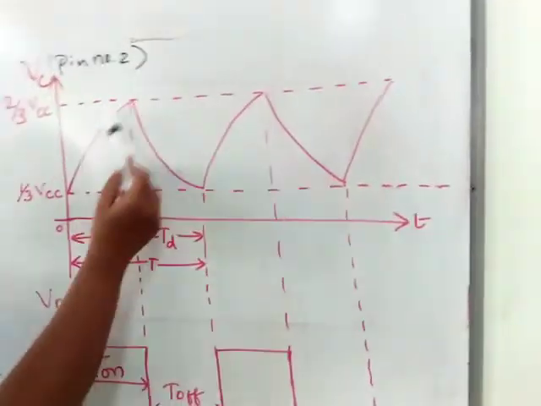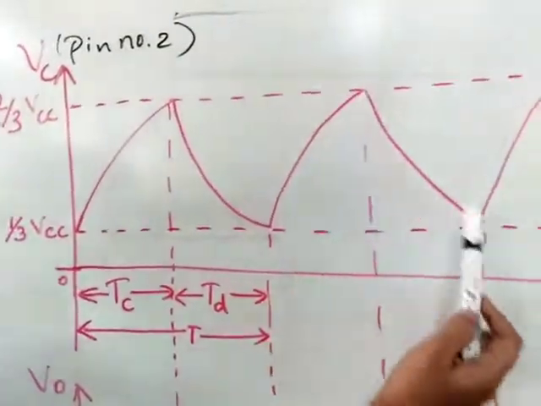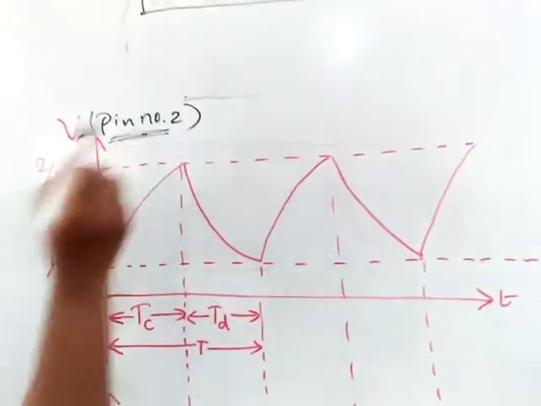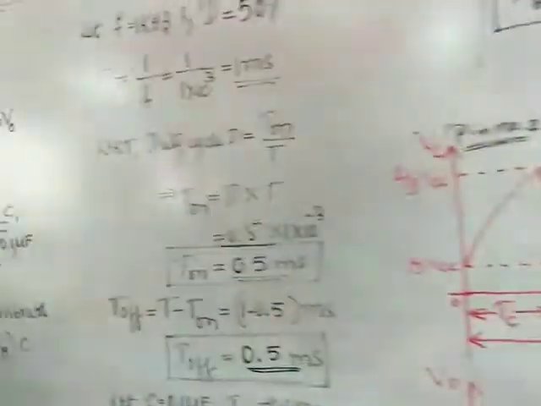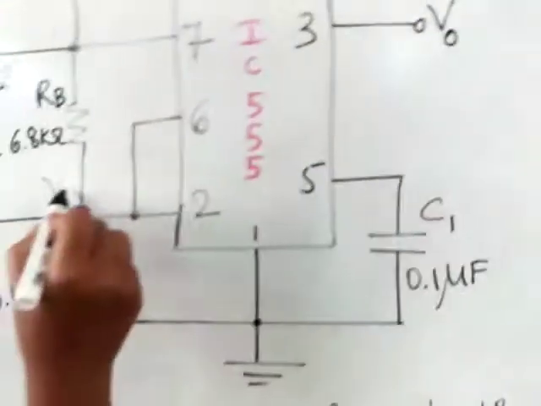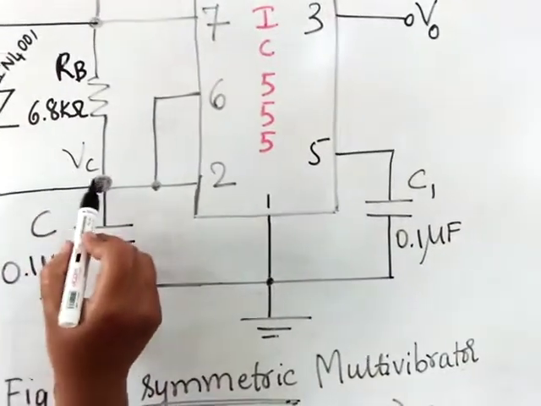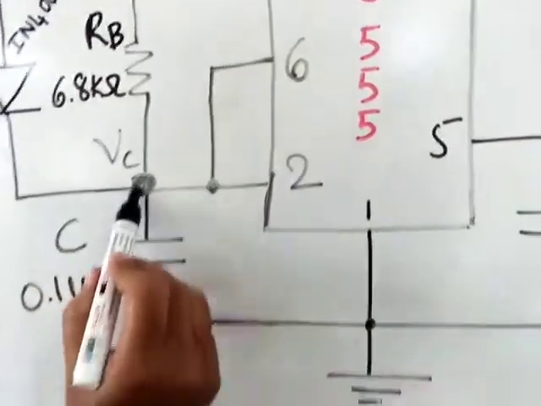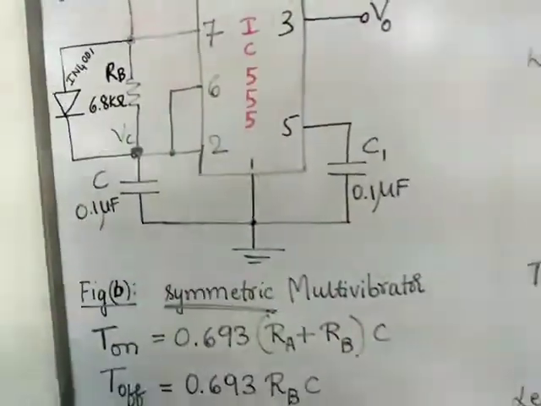Now let us see the waveforms. This is the capacitor charging and discharging waveform which we can observe at pin number 2. If you connect the positive of the probe here, you can see the capacitor waveform across pin number 2, and across pin number 3 you can observe the square wave.